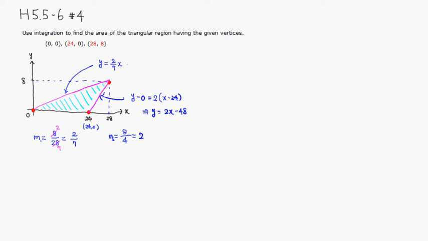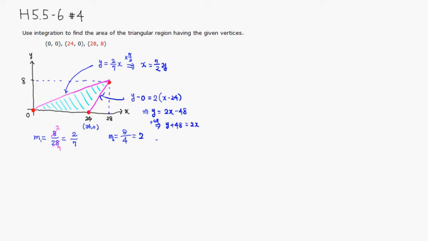So I'm going to rewrite this equation by multiplying both sides by 7/2. 7/2 times 2/7 x would be x, so x is equal to 7/2 y. Now if you solve the other equation for x, I'm going to add 48, so you have y plus 48 is equal to 2x.